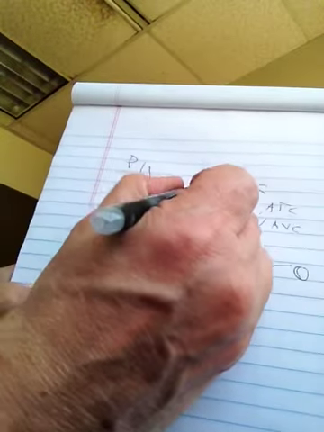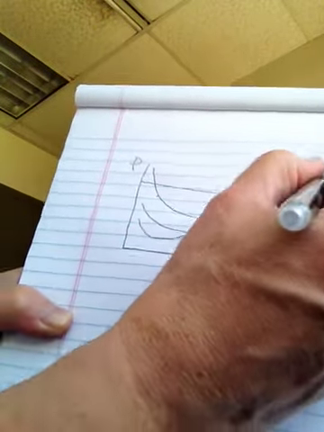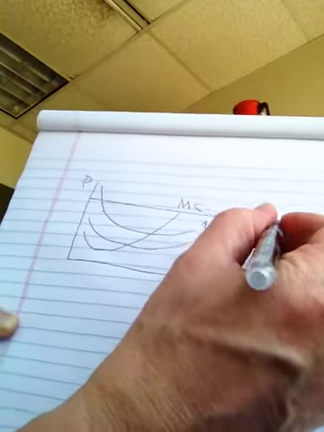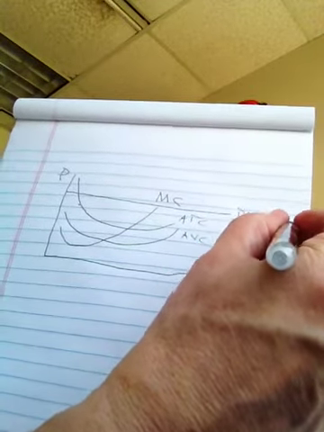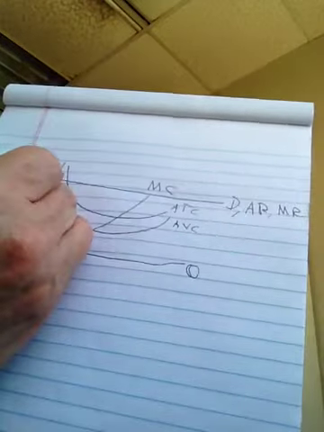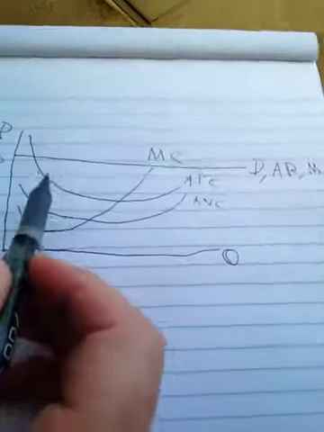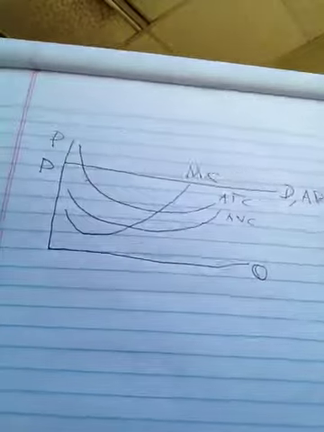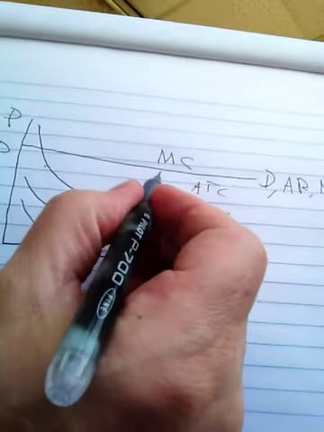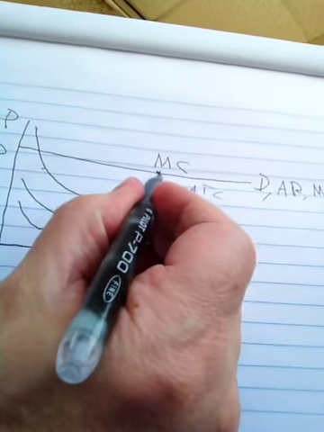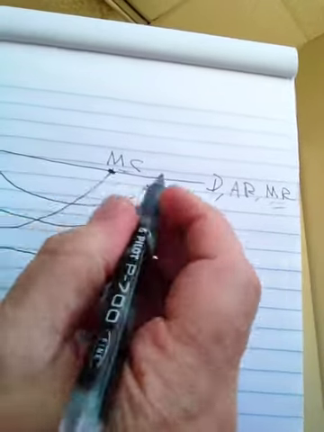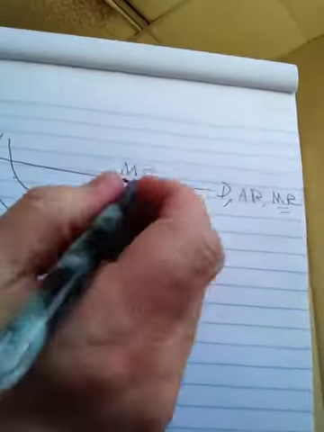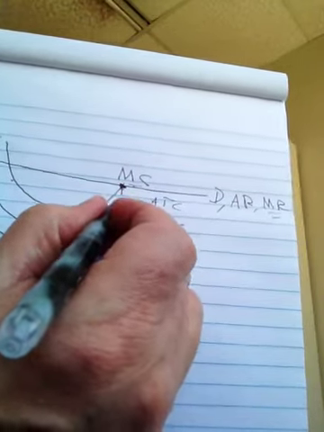Here was the demand curve, average revenue, and marginal revenue. Here's the price. That line right there is supposed to be horizontal. Here is where marginal revenue is equal to marginal cost. So there will be our profit maximizing quantity right there.